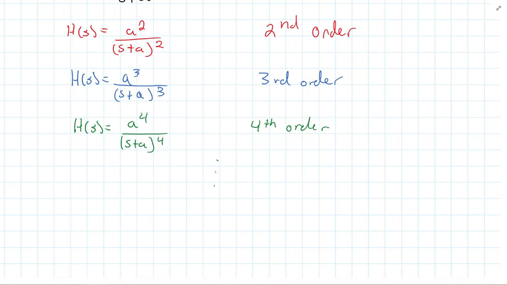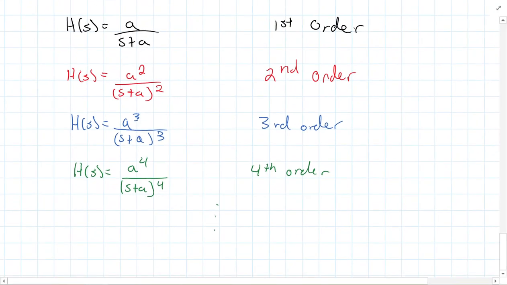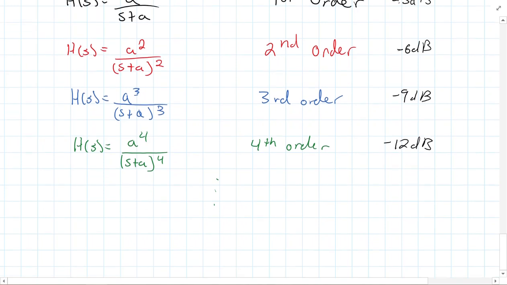But the key thing to remember is that this is a minus 3 dB point. This is a minus 6 dB point, minus 9 dB, minus 12 dB. So this creates a problem.